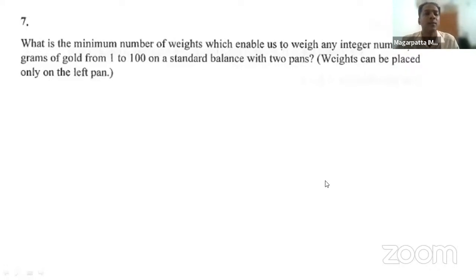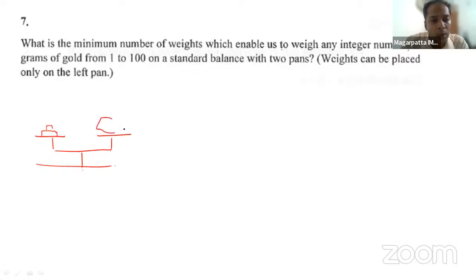So the trick here is you are only allowed to keep the weights on one pan. Here you keep your weights, and here you'll keep whatever gold or object needs to be weighed.